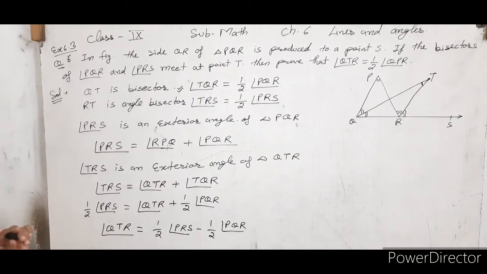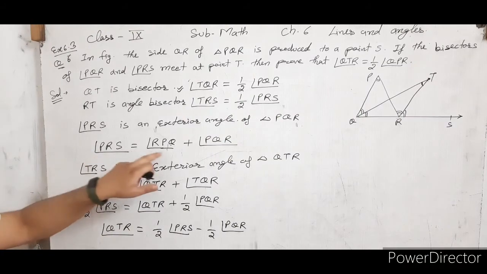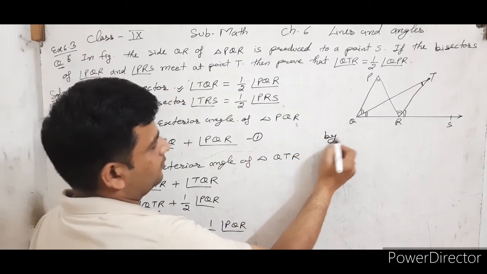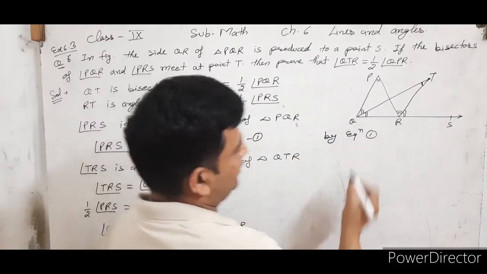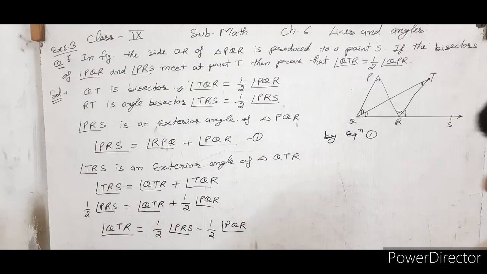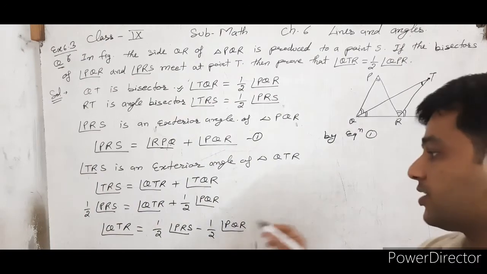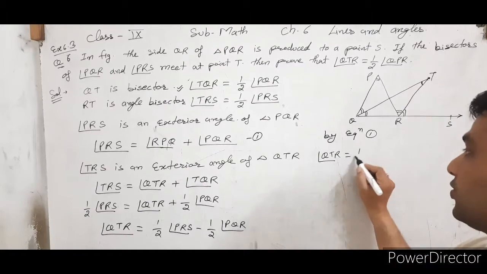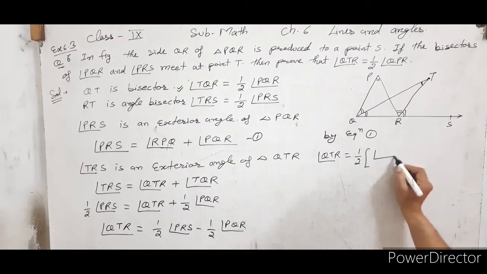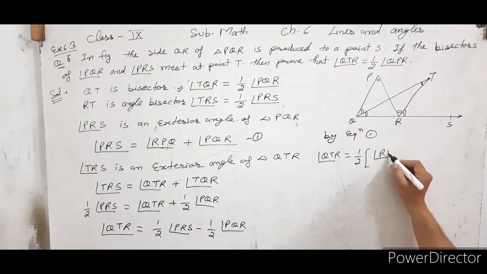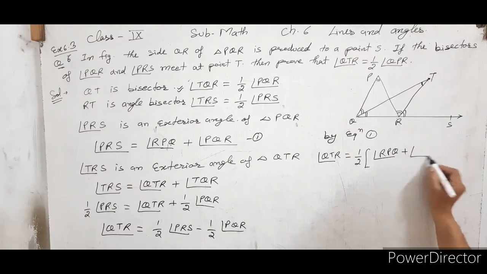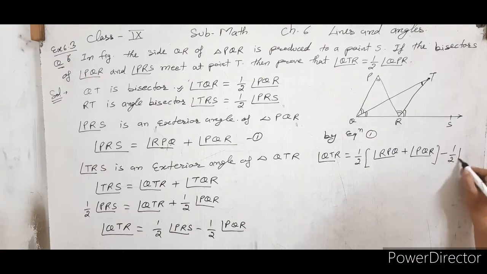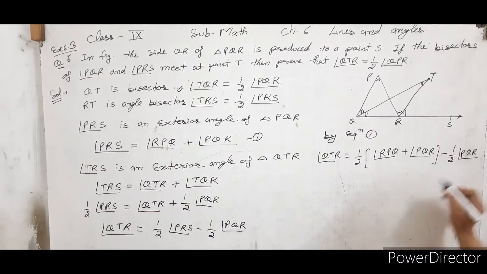Put the value of angle PRS from equation number 1. By equation 1, if I put the value of angle PRS in this equation, we get angle QTR equals half of angle RPQ plus angle PQR, minus half of angle PQR.